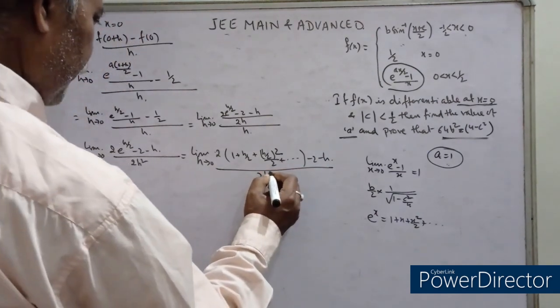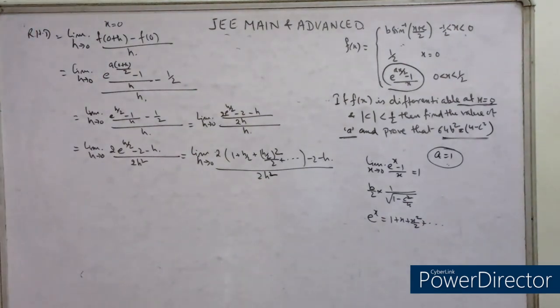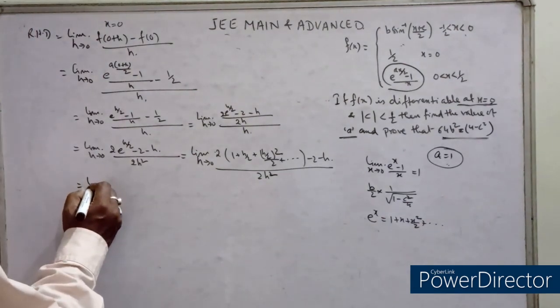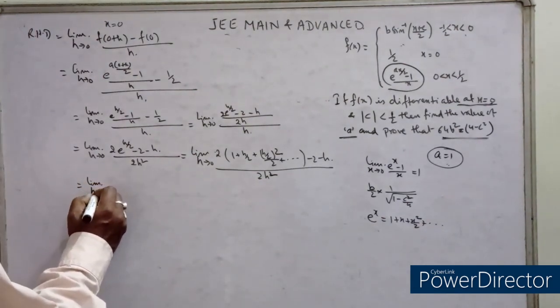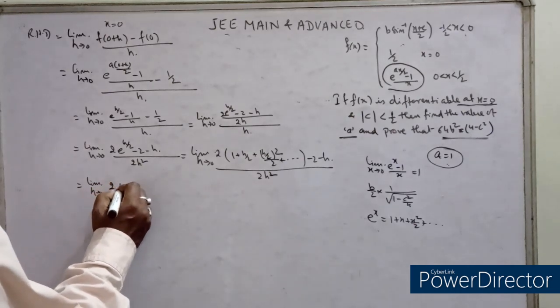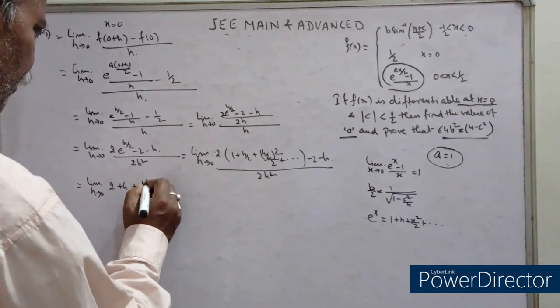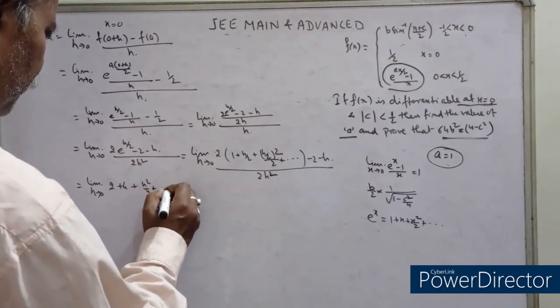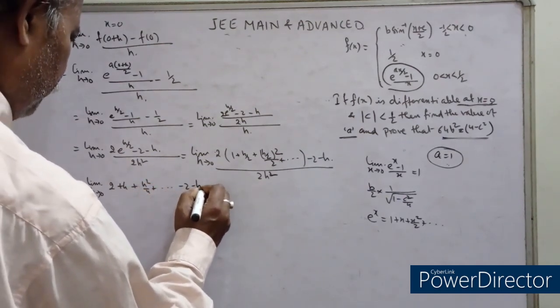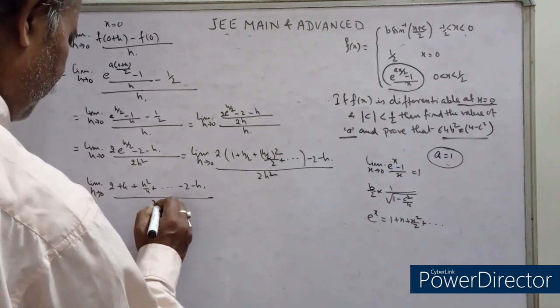So now here you see that limit h tends to 0, that is 2 plus h plus 2h plus h square by 4 plus dot dot dot, minus 2 minus h, by 2h square.